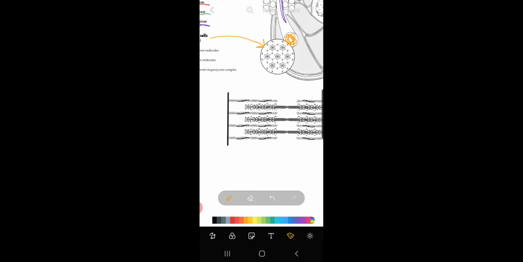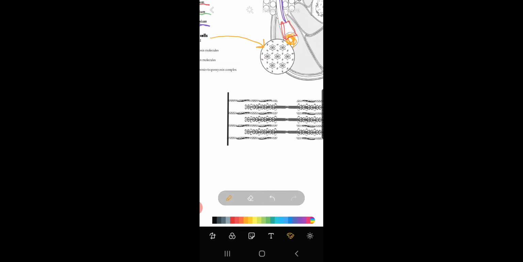Let's take a chunk here and stretch it out. This would be what you call a sarcomere.